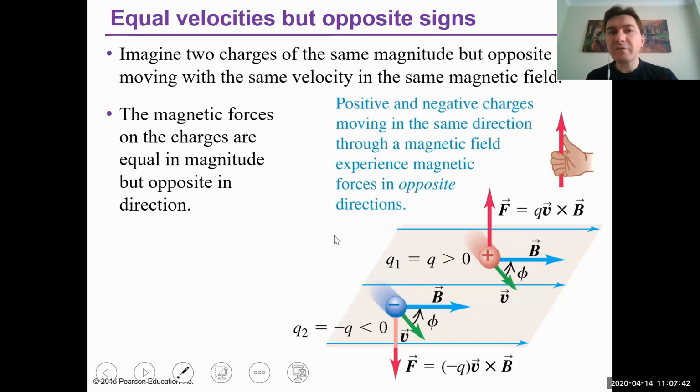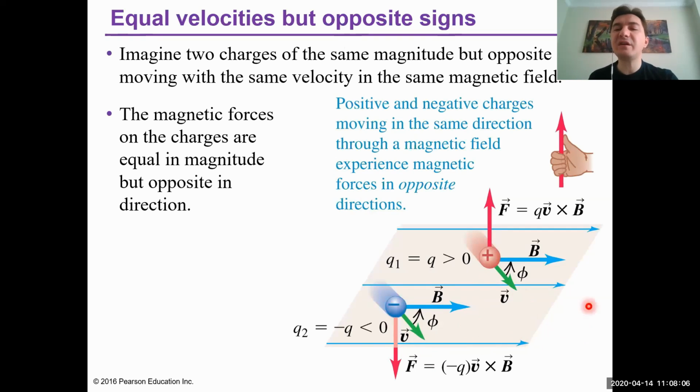So here we have two charges. One is a positive charge, the other one is a negative charge. And we have a homogeneous magnetic field shown by blue color, okay? And these two charges are moving in the same direction. This is the velocity of that charge. This is the velocity of that charge. So they are moving together.